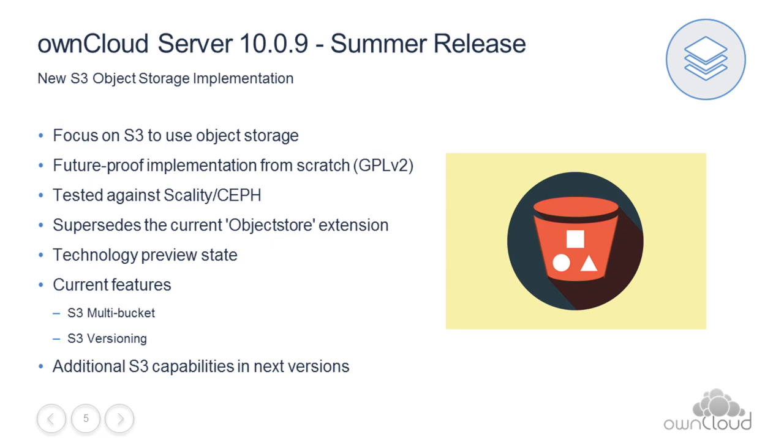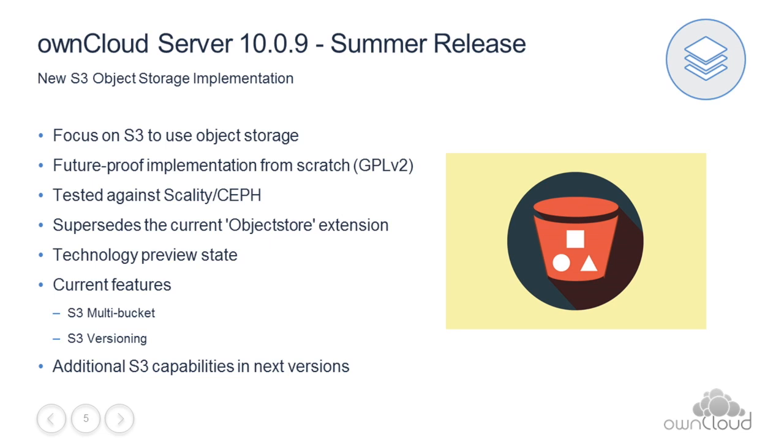And yeah, we will still continue to invest in that feature and improve compatibility with the S3 API. This means we will add features like direct download, so that when a user downloads a file, this file does not need to go through OwnCloud, but the user will receive it directly from the object store, which will increase performance dramatically.